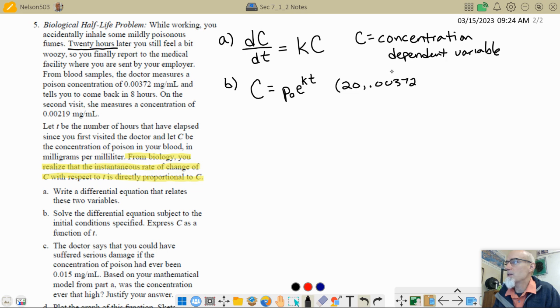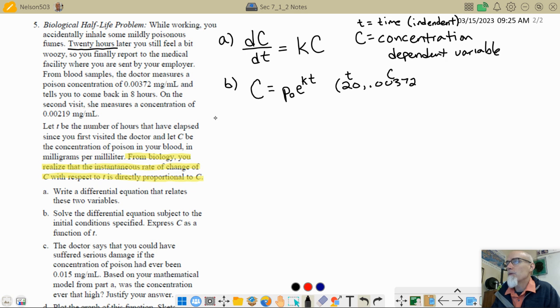Do you see how the concentration is my y value and time is my x value? So let's make that little note right up here. t equals time, which is called the independent variable. We're in control of how long we're going to stay away from the doctor and go back. They tell us like 8 hours, and we didn't go until 20 hours. We could have gone immediately after inhaling the poison, but I guess this person didn't feel so sick at that time.